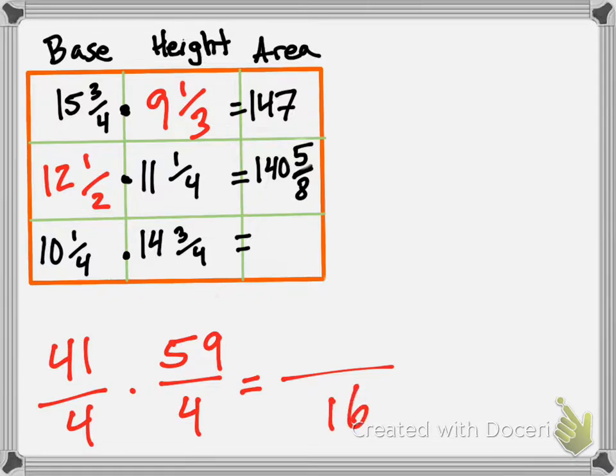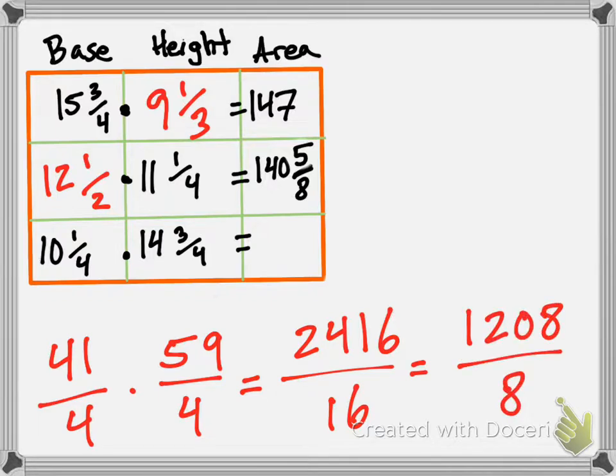And just because we want to go fast, 41 times 59, we get 2,416. Now these ones, they're both even, so we know we can divide these by at least 2. So I'm going to get 1,208 over 8. Again, these are both even, so I can divide them yet again.